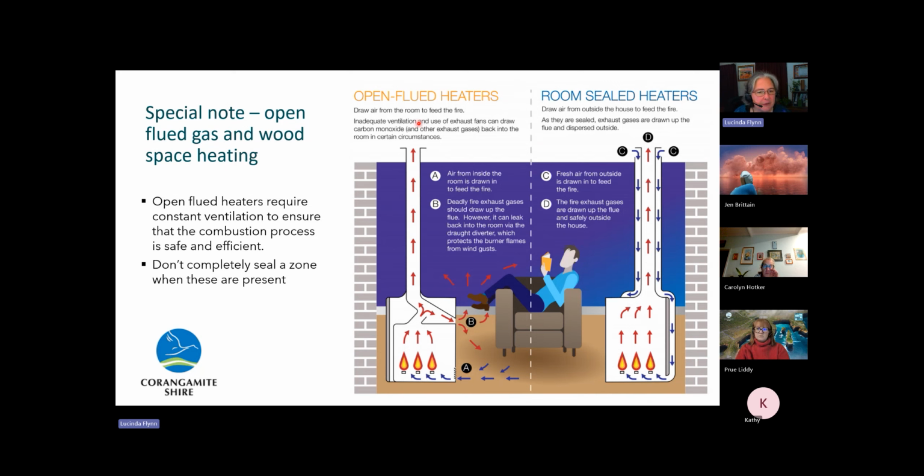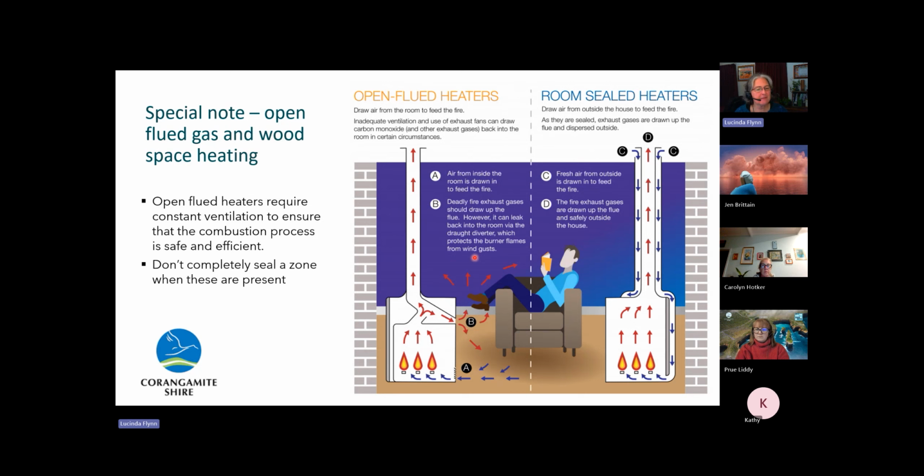Whereas an open flue one actually uses air from the room to burn, and then theoretically the heat comes out and you get warm and the combustion products go up there. But it doesn't take much to upset that balance. So if you haven't had your wood chimney cleaned, for example, it might be dirty and then the combustion products end up going into the room.